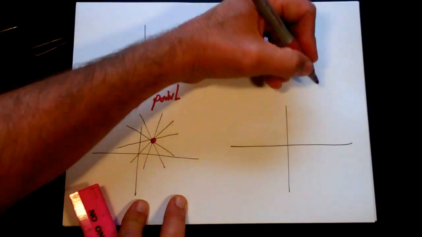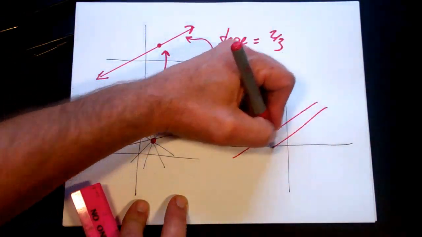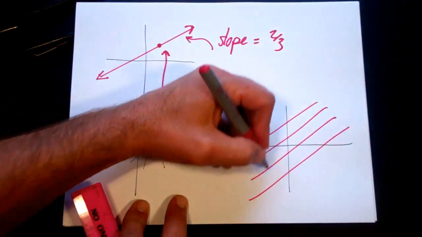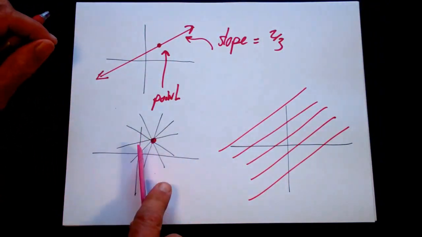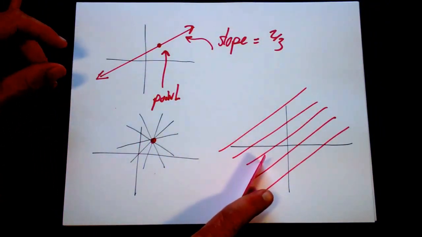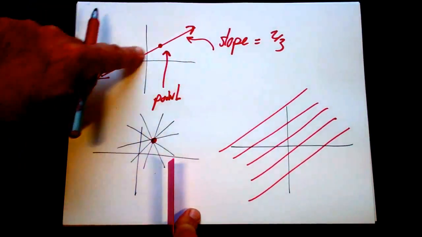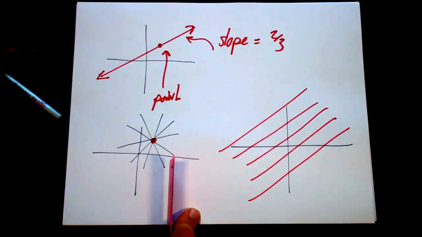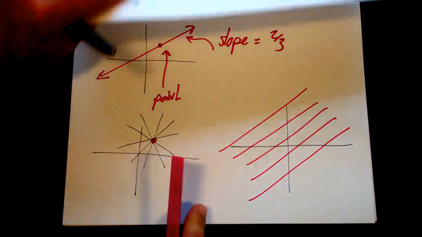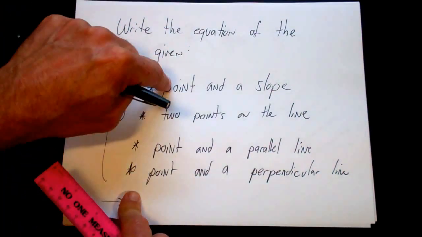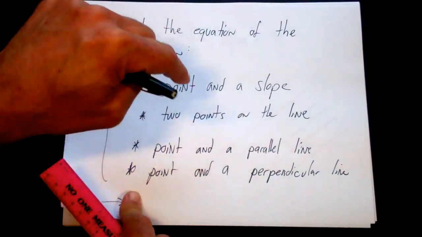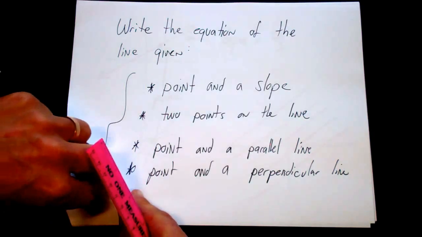Again, an infinite number. This one has a slope of 2/3, and this one, and this one. So given a point and a slope, you can only determine a unique line if you're given both. And that's how we solve that problem. That's what we mean when we say write the equation of the line given a point and a slope: write the equation of the only line that goes through that point and has that slope.